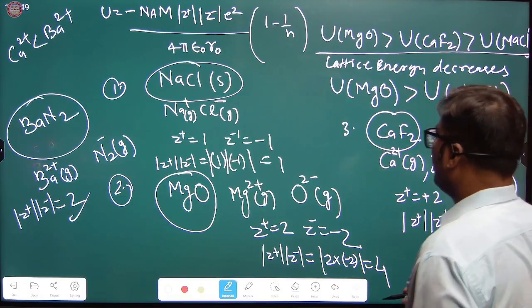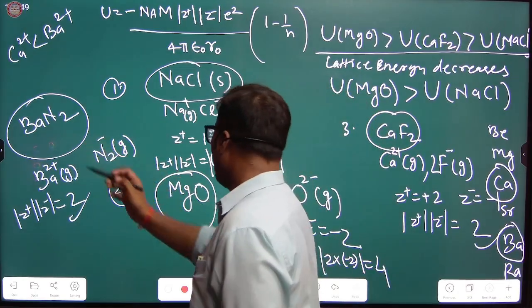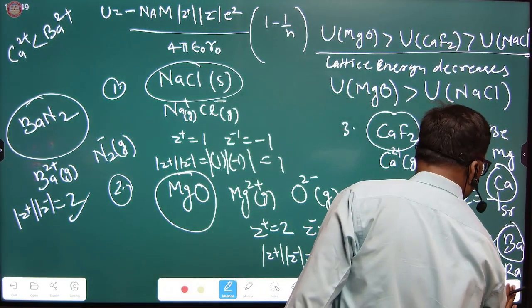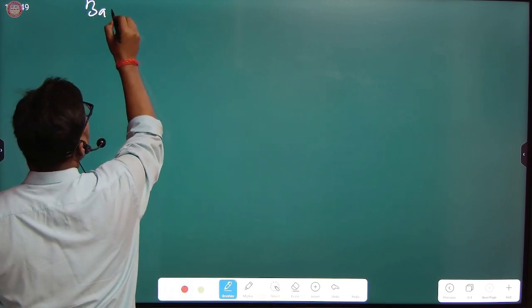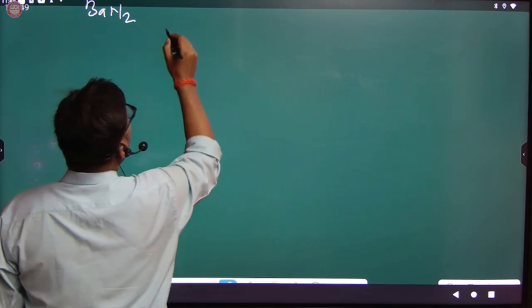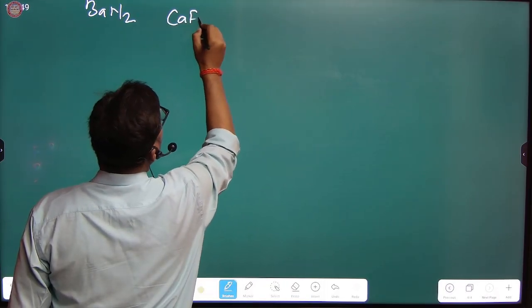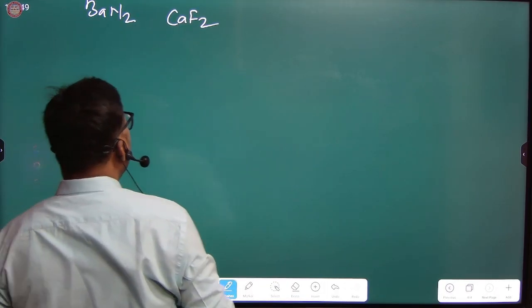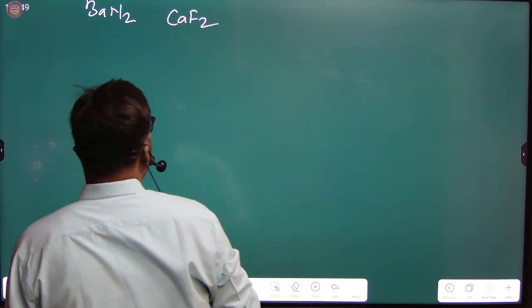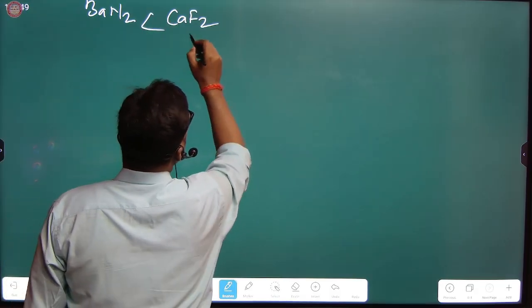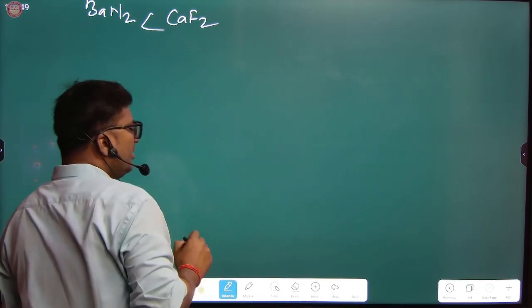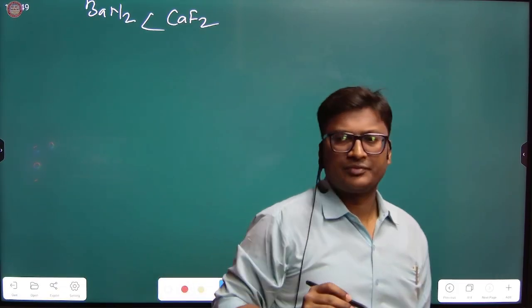So in case of barium diazide and calcium fluoride, the lattice energy of calcium fluoride is high, right?